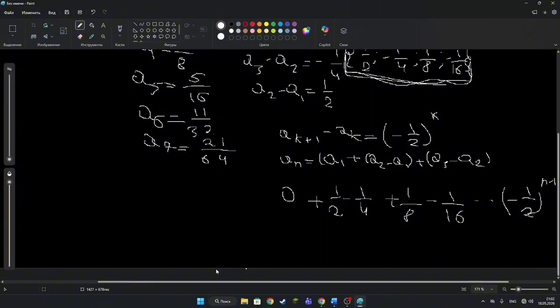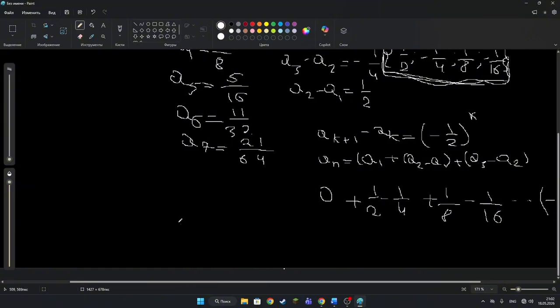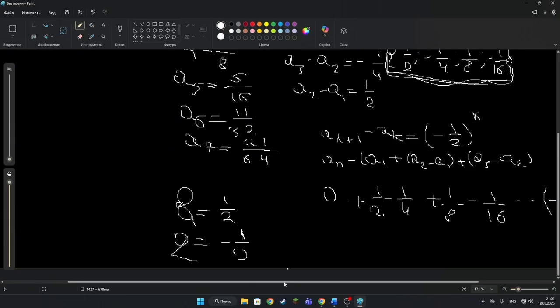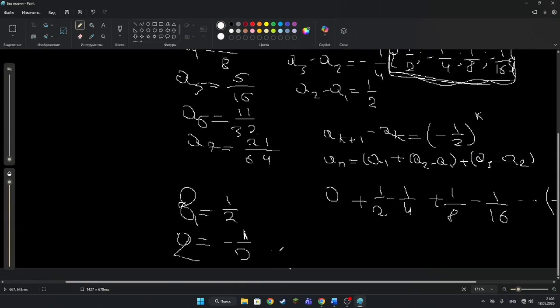Then there is a simple solution. We have b1 equal to 1 divided by 2, and q is minus 1 divided by 2, and the number of members is n minus 1.